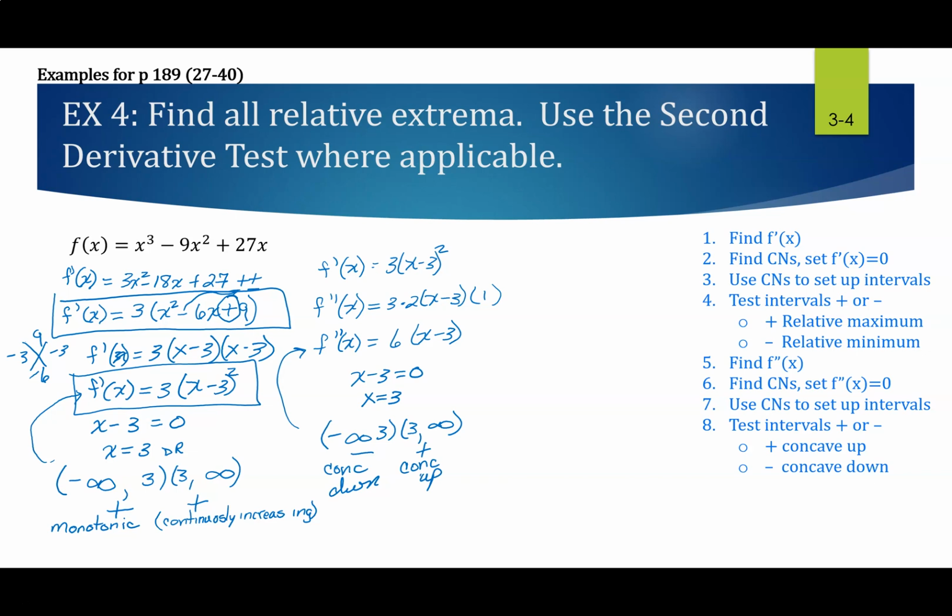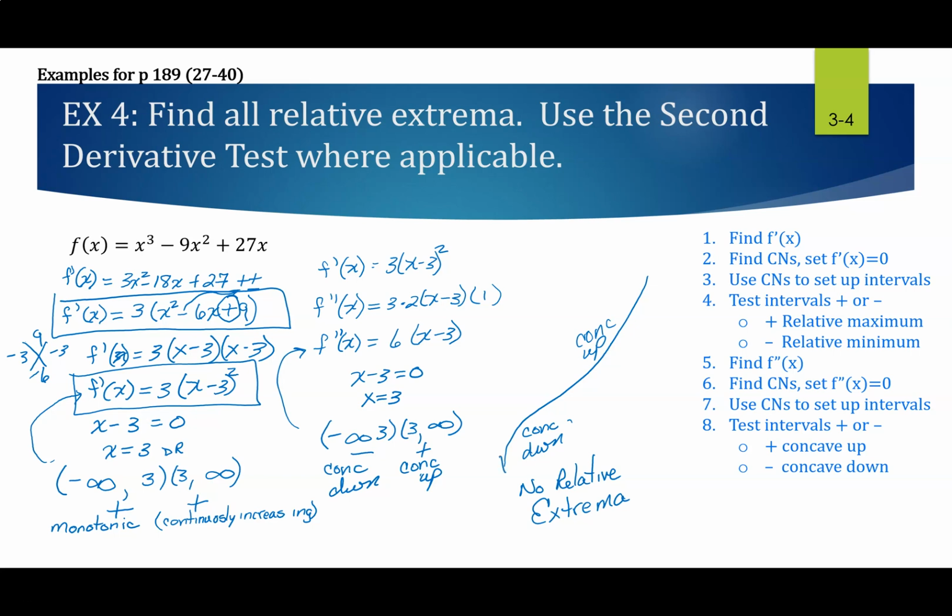So what you're looking at is a function whose shape looks like a cubic, because it's concave down, and then it turns concave up, and there are no relative extrema because it never turned around and went a different direction.